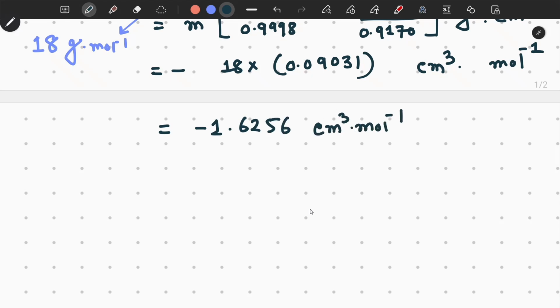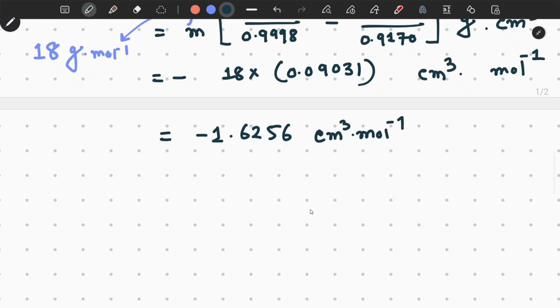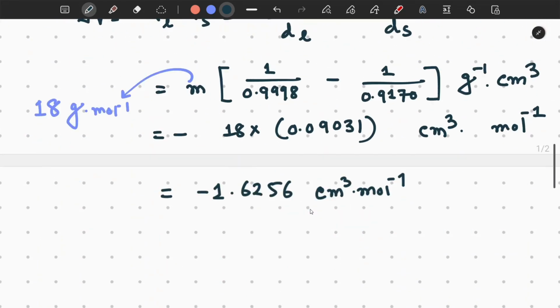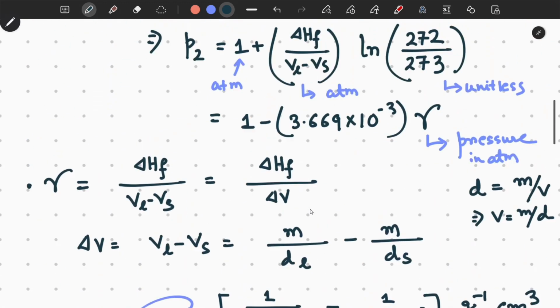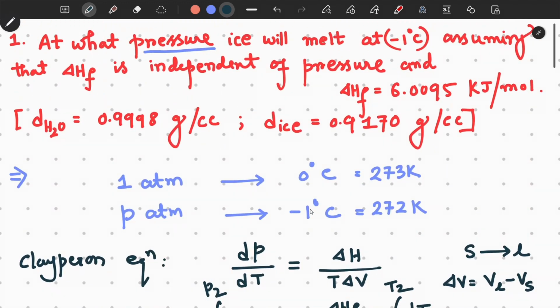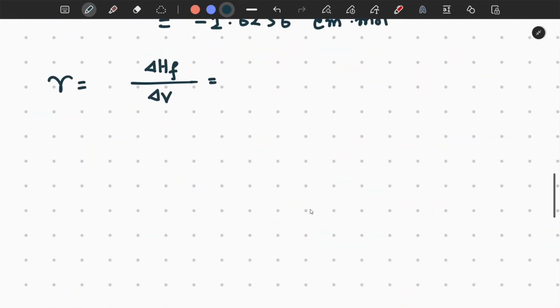So this is our delta V. Okay, delta V we obtained. Now the gamma. So gamma will be, as it was mentioned, delta HF over delta V. This delta HF is 6.0095 kilojoule per mole, right?